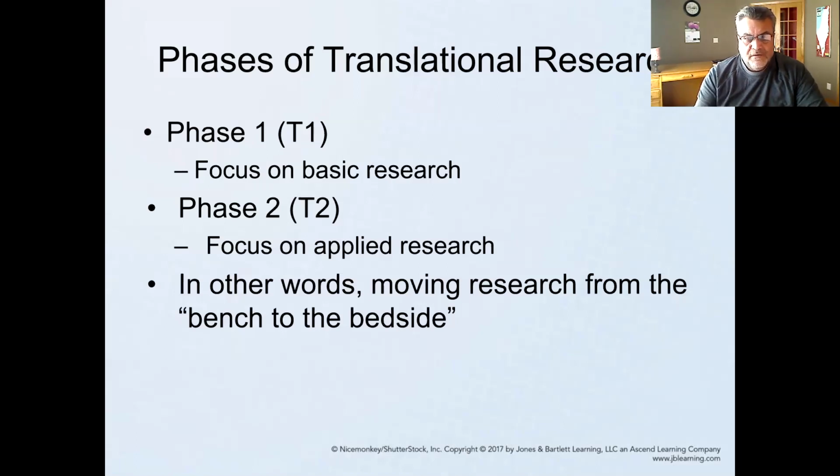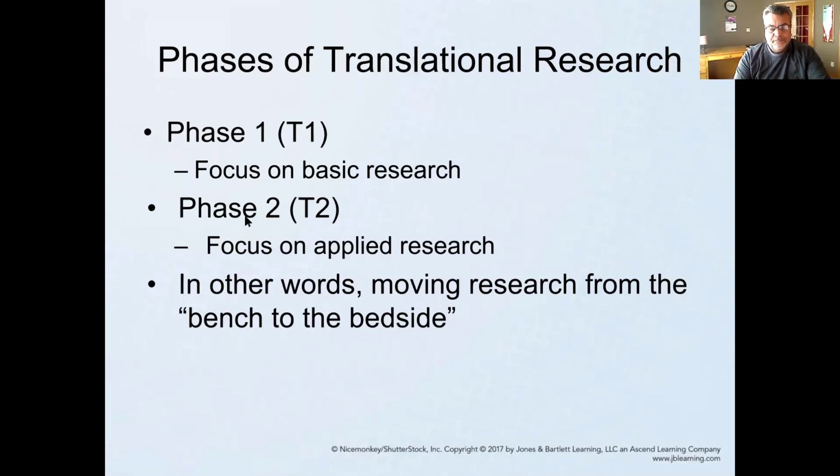The phases of translational research are 2 phases mainly. T1, translational 1, focuses on basic research. And we know from our study before, basic research is done in the lab. It doesn't have to have a clinical focus, or a population that you're studying.